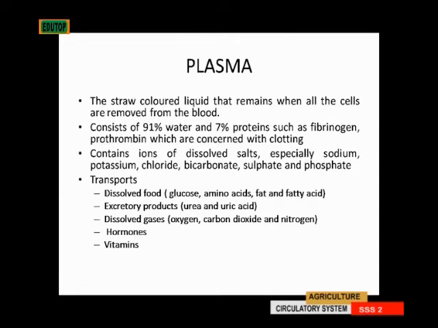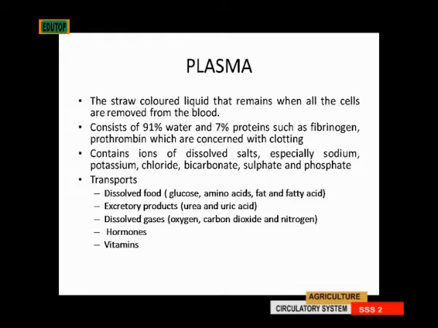It consists of about 91% water and 7% protein, such as fibrinogen and prothrombin, which are concerned with clotting. Then the plasma also contains ions of dissolved salts, especially sodium, potassium, chloride, bicarbonate, sulfate, and phosphate.